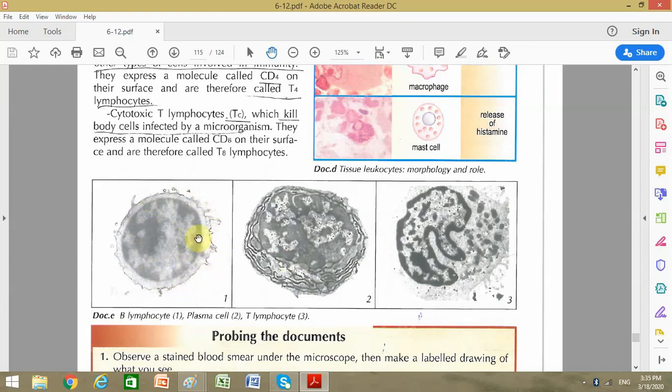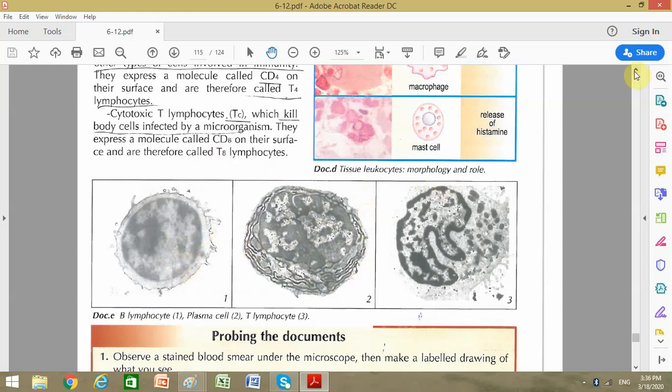Once these cells are activated, they will transform into plasma cells, where the cytoplasm will increase in size and become rich in organelles such as the endoplasmic reticulum and the Golgi apparatus that are important in protein production, and this cell will start releasing these antibodies into the blood or the serum. So this is for the B lymphocyte, which transforms into a plasma cell.